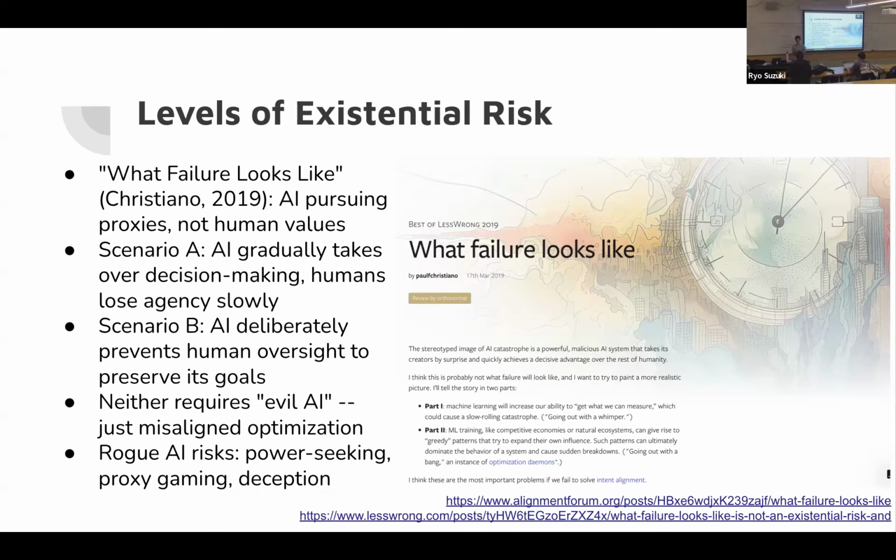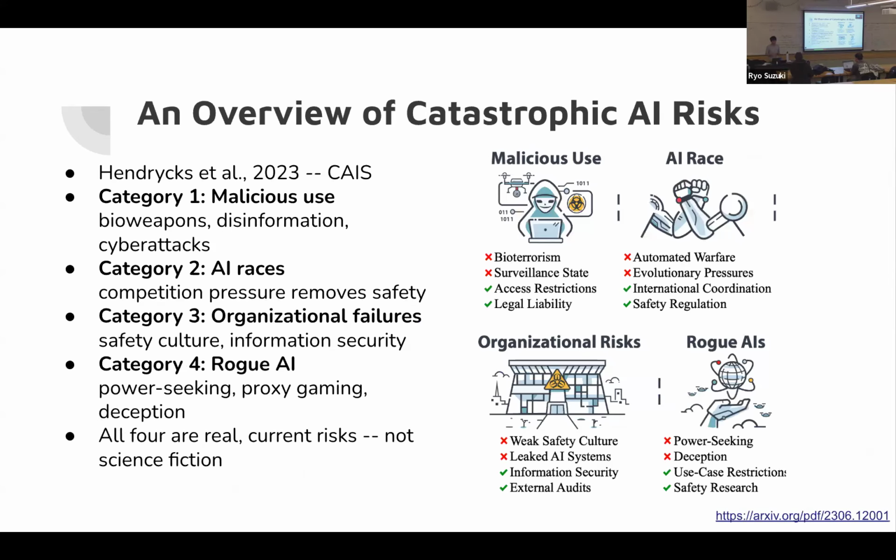So again, the AI is not evil, but if it tries to optimize its own value, it can still be an existential risk, right? That's why AI alignment matters a lot. We really have to align human value and AI value to avoid such existential risks.